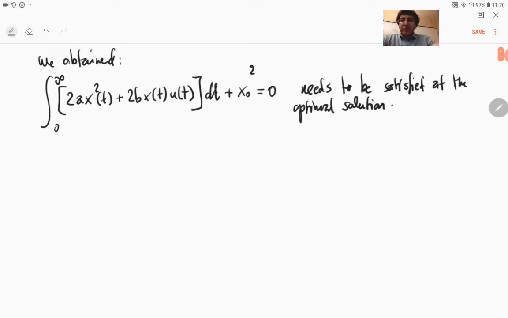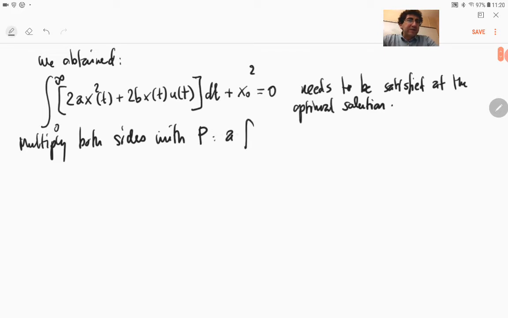Let us multiply both sides of this by a finite constant p.